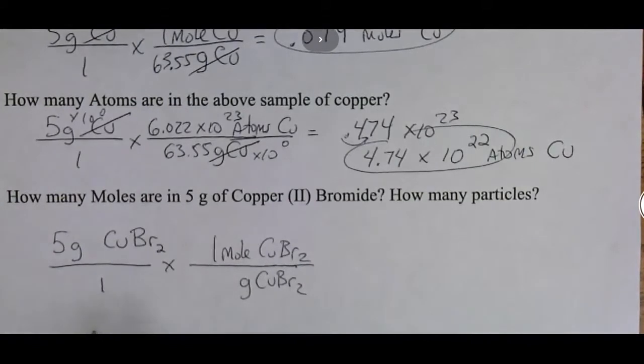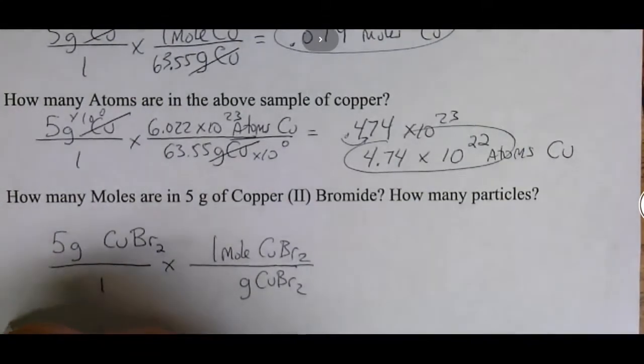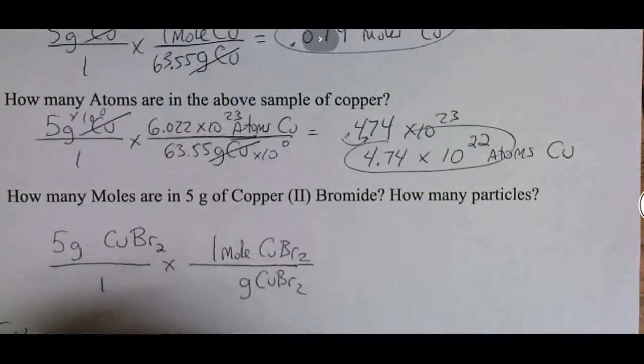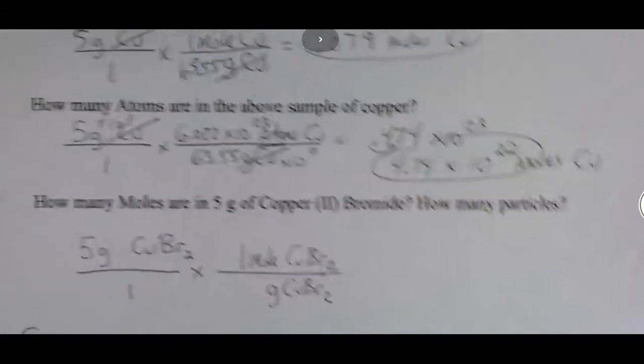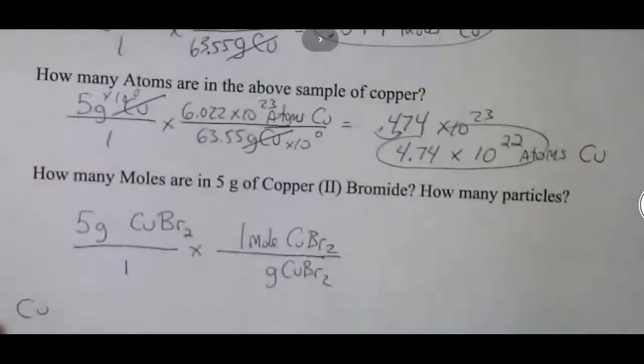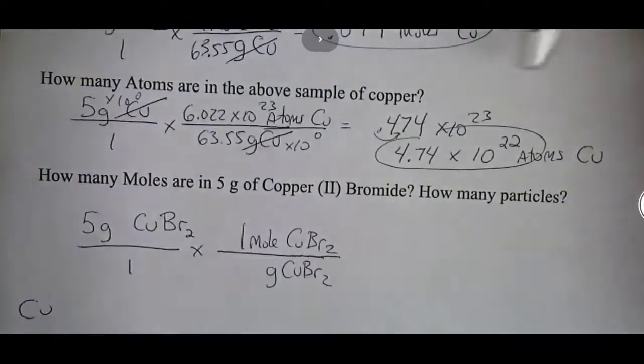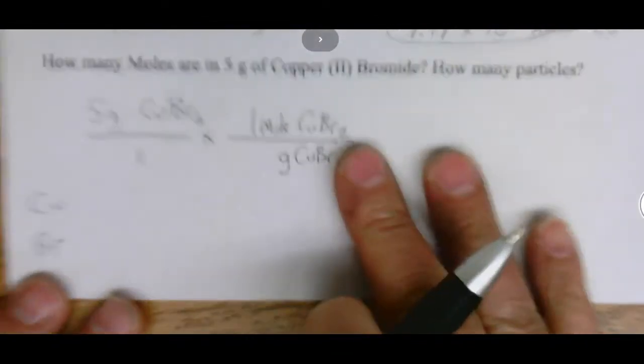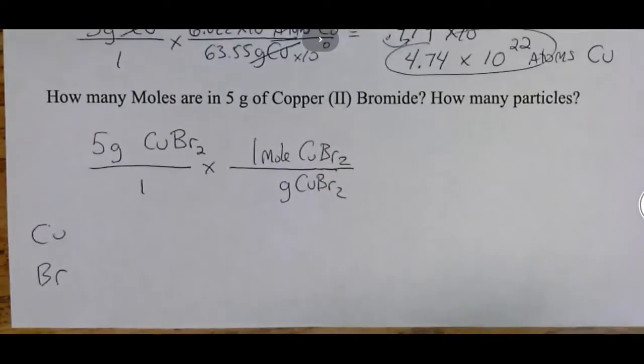And so then we just do our math. The thing we have to go in now is you have to figure out copper and bromine. So we got to do our copper and bromine. We just need our periodic table. We know what copper is.